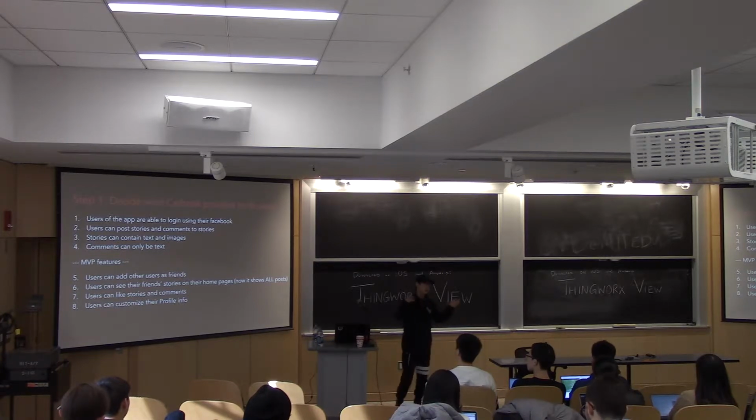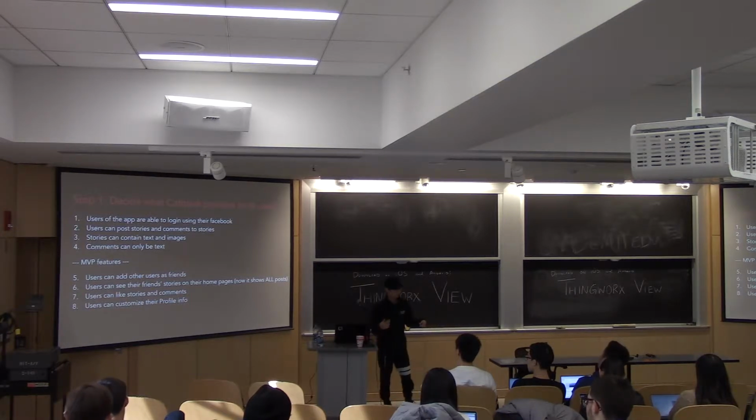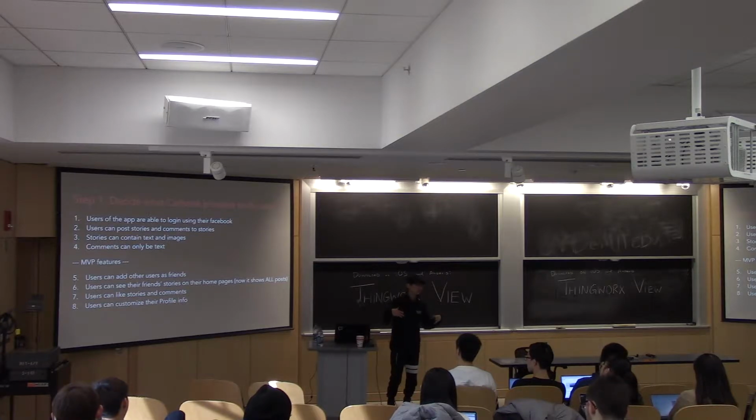And these were what we decided were our MVP features, minimal viable product features, and anything below that line were features we thought would be beyond the MVP, which we could implement, but as you can see, we most definitely did not implement these, but it's fine. We got the most important part working, and that's what matters.